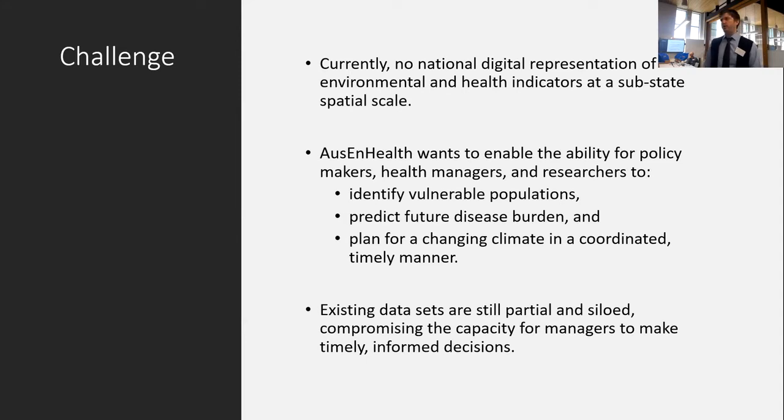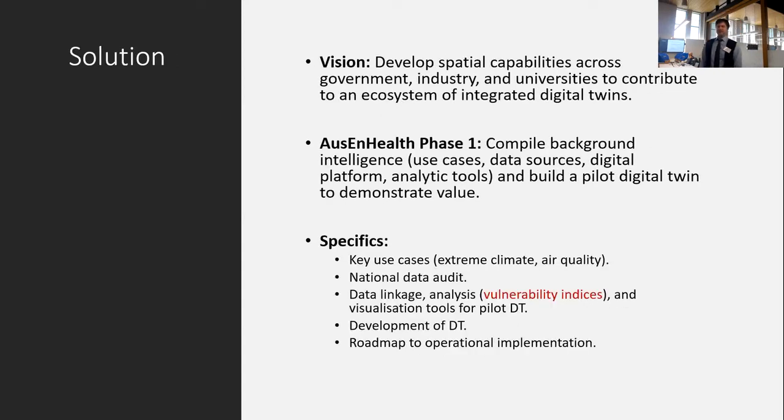Great, and the main focus is on seeing what population or what regions of population are more vulnerable than others, being able to do those kinds of comparisons. So the solution is to develop spatial capabilities across all of those areas or for all of those people that I mentioned. We've got a pretty wide scope for the project.